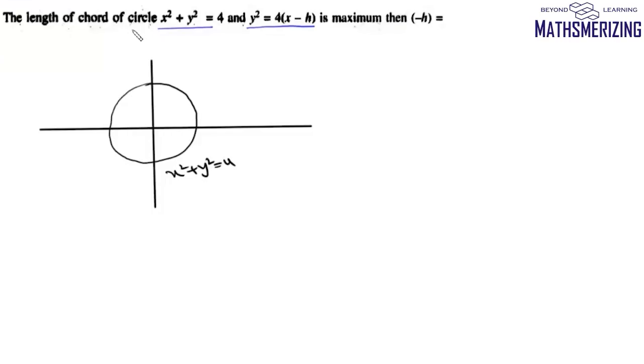Now it says length of chord of circle and this parabola whose axis is x-axis. So we can draw this parabola in various forms. So we can draw this parabola like this. We may draw it like that.